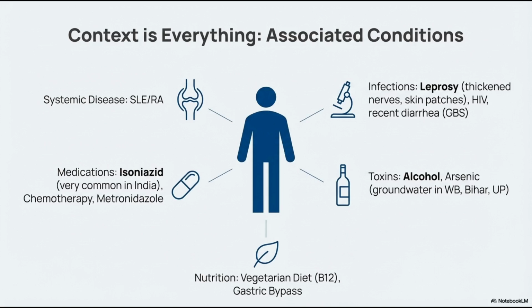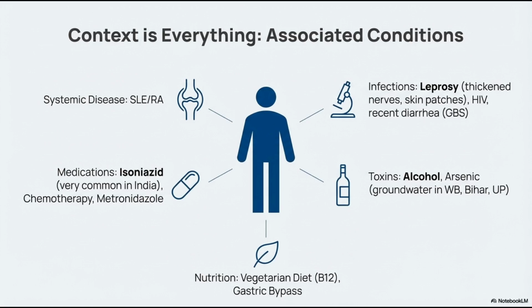So, in summary, the context we set around a case is very important. The history is a must for diagnosing a case and giving proper treatment to the patient. The common etiologies: systemic conditions like SLE, rheumatoid arthritis; medications like isoniazid, which causes B6 deficiency, and pyridoxine itself causes peripheral neuropathy; other chemotherapy drugs and metronidazole.